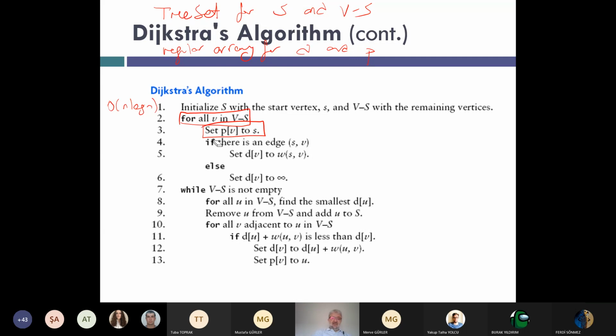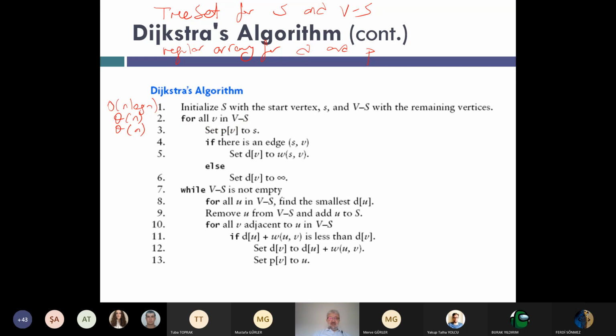And for others, we set the vertex. So this for loop will take theta n time, since it's gonna iterate through all the vertices. This set operation will take theta n time, since it's gonna set for all the vertices except S, but it is only one.